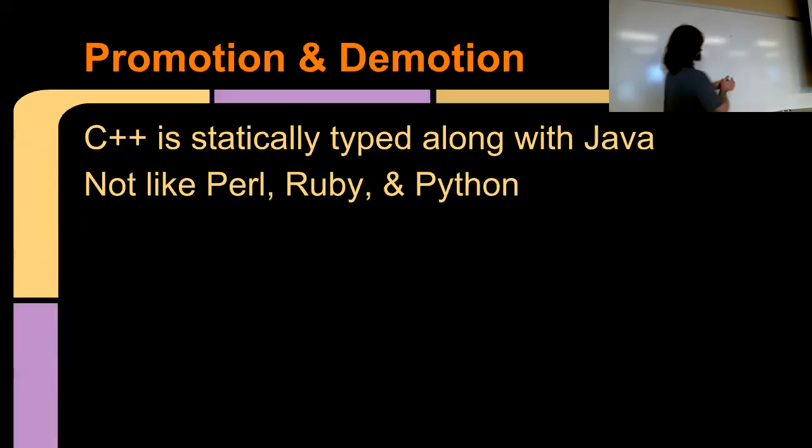And so then we get our 0.5. So promotion is automatic when it detects that one type is more advanced, or takes up more bits of space in the computer, and so it's going to automatically promote it.